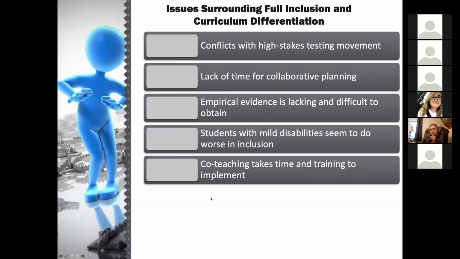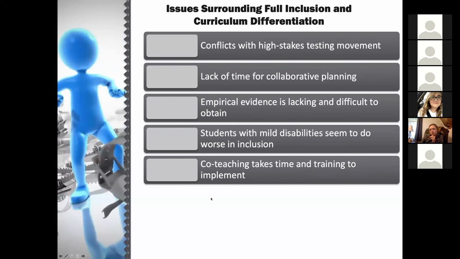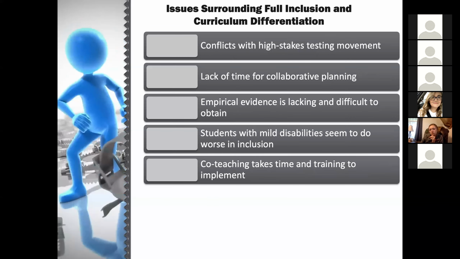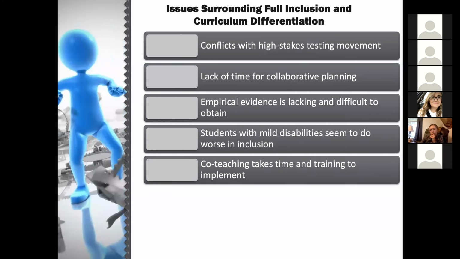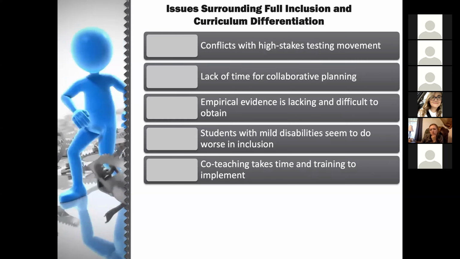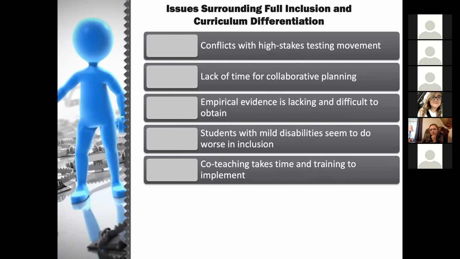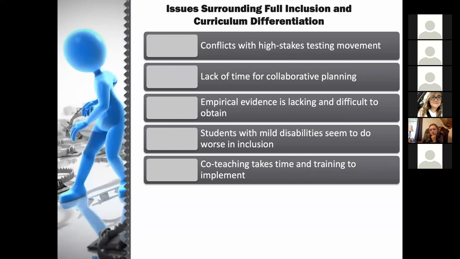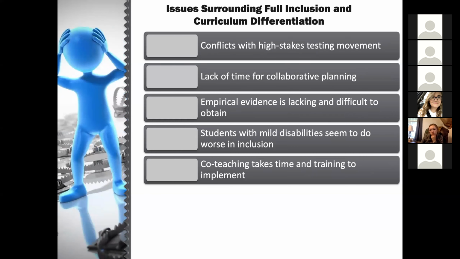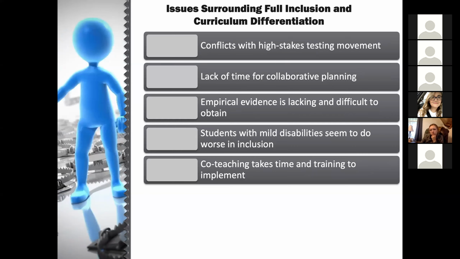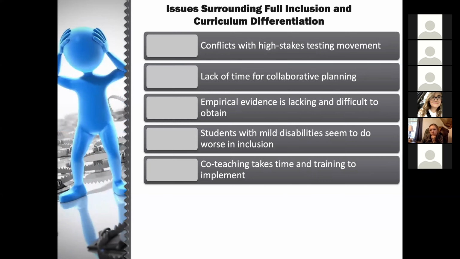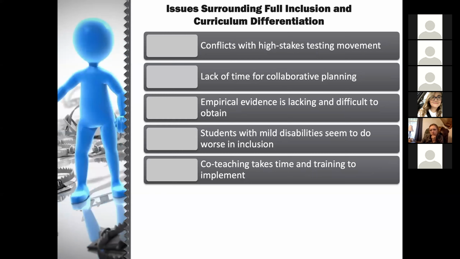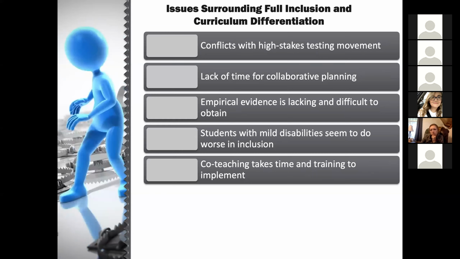Another thing, what about high stakes testing? Are teachers being judged for the scores of their students, not for the growth of their students? And are schools giving teachers enough time to plan, not just grade level planning? Because if you teach third grade and you're differentiating, you need to be involved with all that content planning, K through 5, if you're elementary.